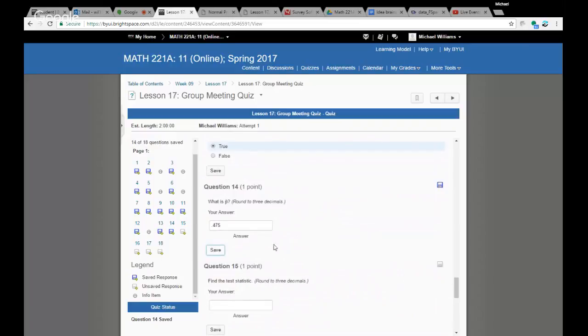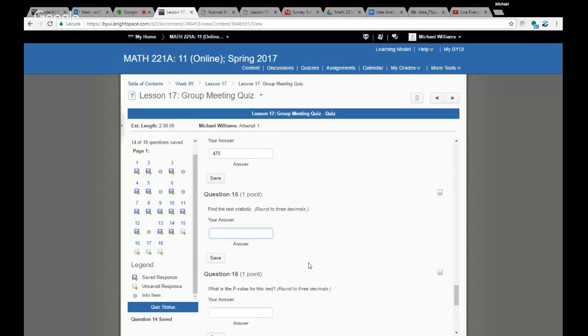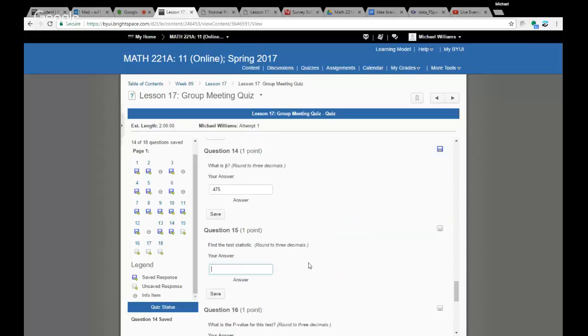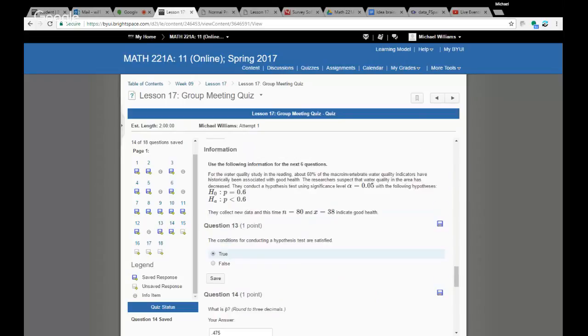Okay, so number 15, do we have to use the Excel sheet to get the test statistic, or is there a formula? That's what I'm doing. Okay. So our x is 38, our n is 80. You could do it with a different formula as well. There's a formula to figure it out, but why do the math when you can use the one sample z-test for a proportion, right?